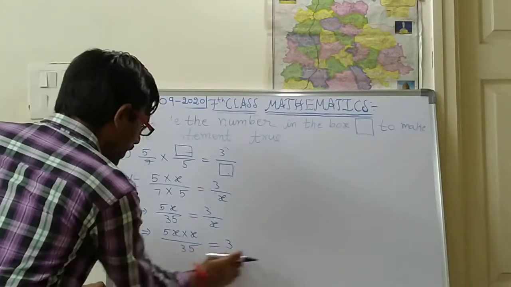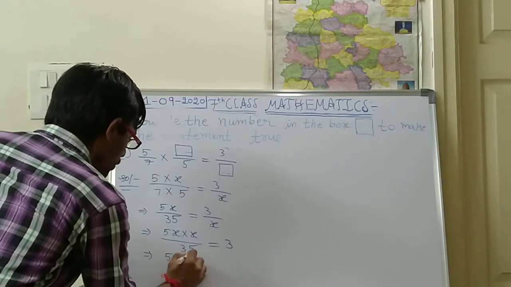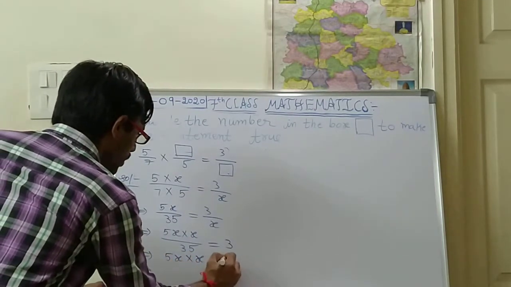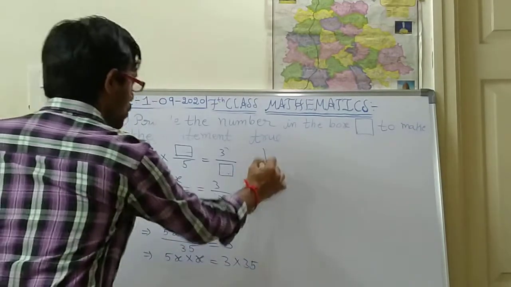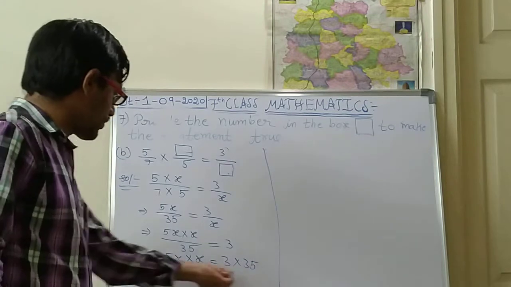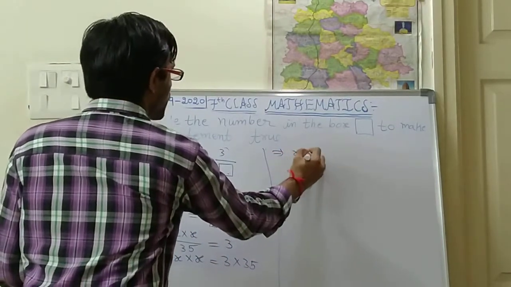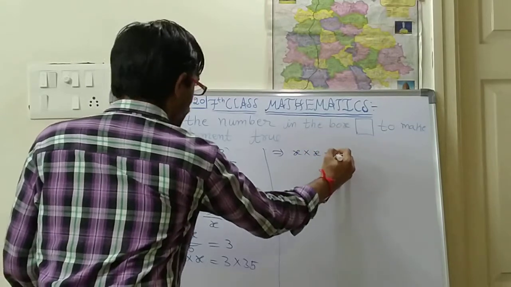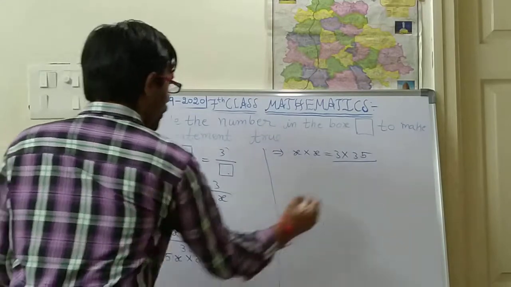Now send this 35 to that side. So 5x into x is equal to 3 into 35. The next step, send this 5 to this side. What will come? So x into x is equal to 3 into 35 by 5.